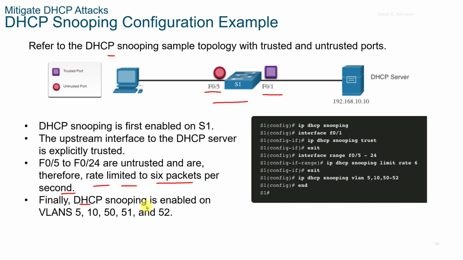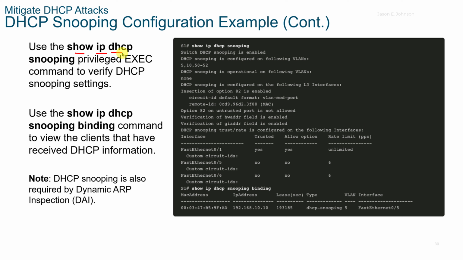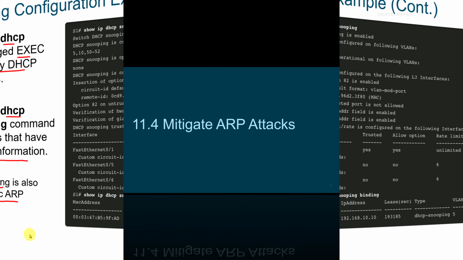Finally, DHCP snooping is enabled on VLANs 5, 10, 50, 51, and 52. Then we can use the show ip dhcp snooping privileged exec command to verify the settings. Then use the show ip dhcp snooping binding command to view the clients that have received DHCP information. Just a note that DHCP snooping is also required by dynamic ARP inspection, or DAI.